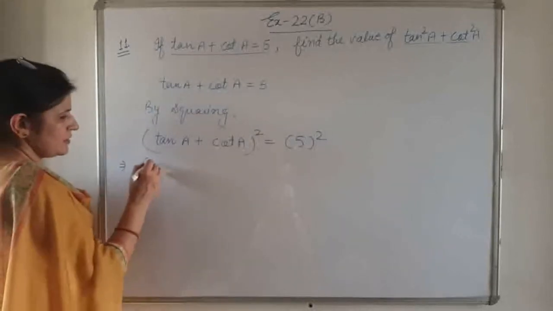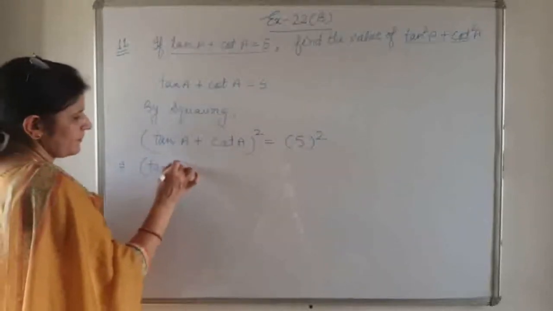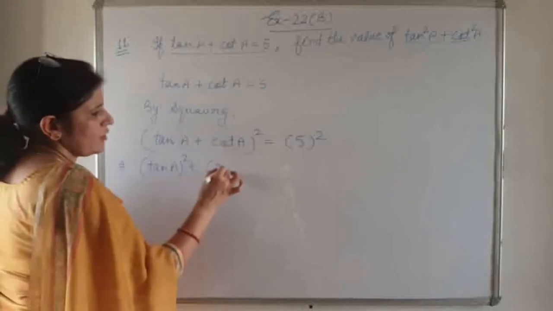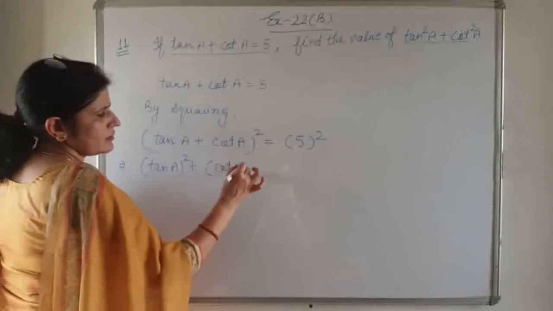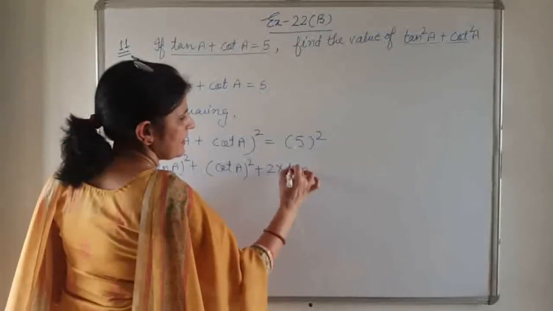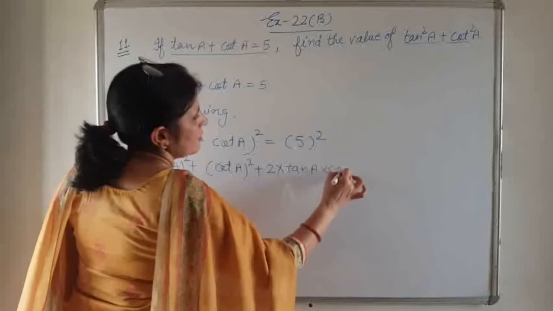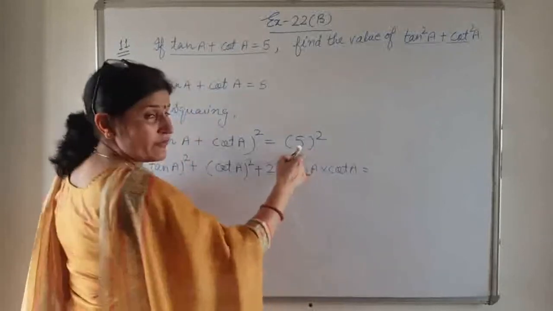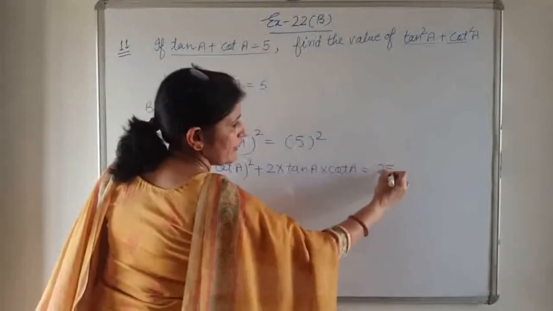According to this, square of first term plus square of second term plus twice of their product, tan A into cot A, and square of 5 is 25.